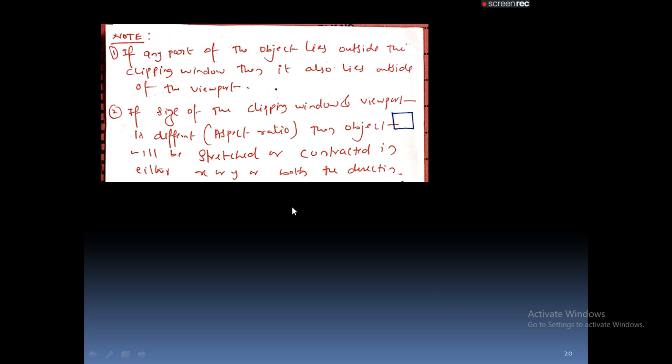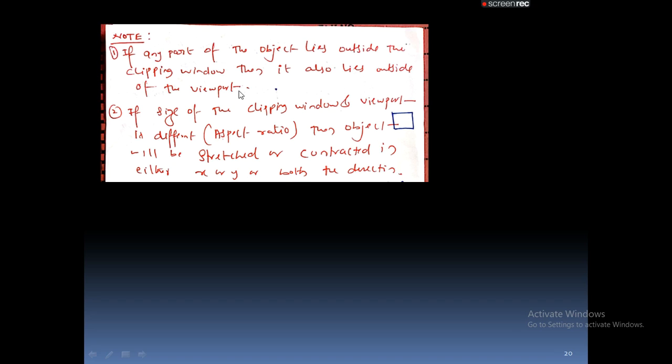When we map clipping window coordinates to the viewport, we need to know a few points. I have written a note clearly. If any part of the object lies outside the clipping window, then it also lies outside the viewport.